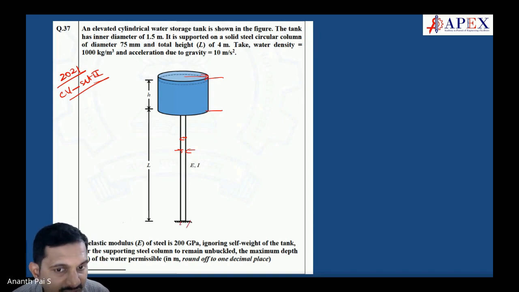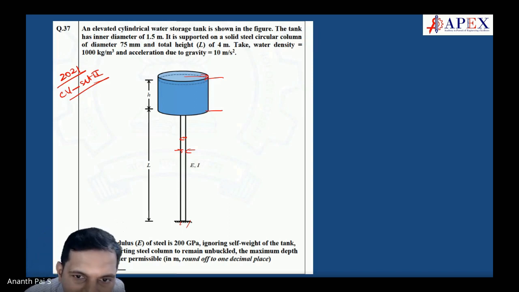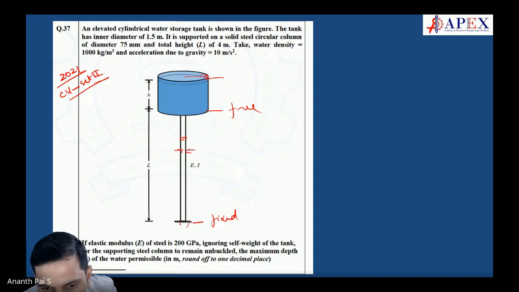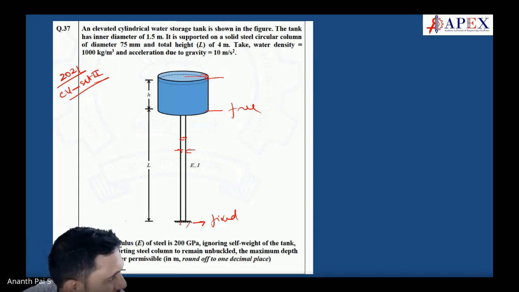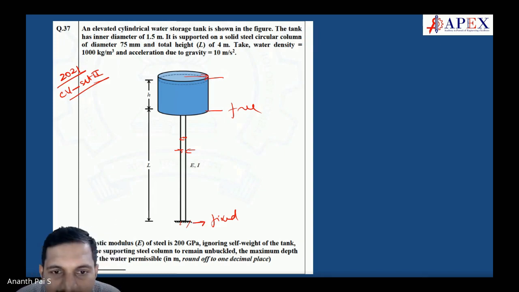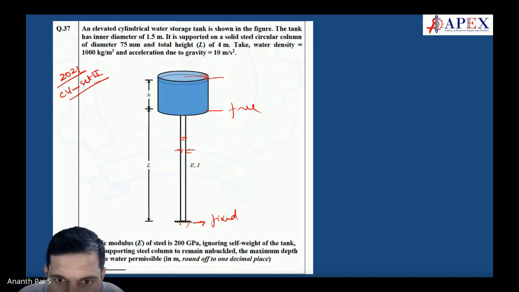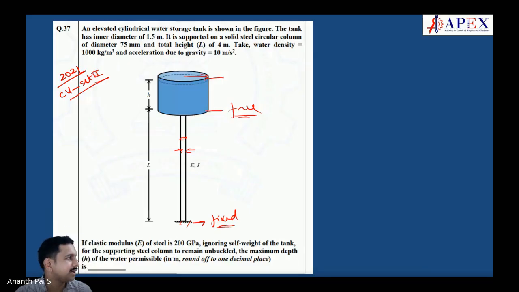This is fixed and free. It's not pinned. It's free. This is fixed. Correct? I hope civil engineers took it like that. Civil engineers, did you take it like this? You took fixed and free, is it not? Yes, sir. Yes, very good. So at least civil engineers know that.